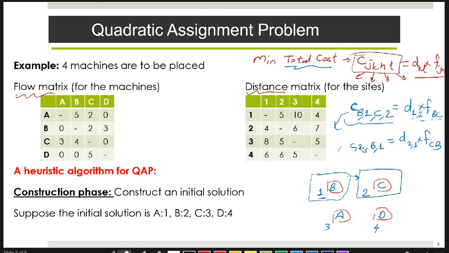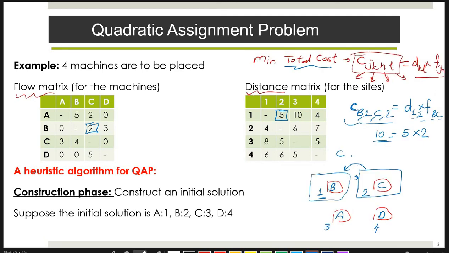Okay, so let me calculate the first of these. I need to multiply the distance between 1 and 2, which is 5, by the flow from B to C, which is 2. And this cost is 10 units, $10. What about the opposite cost?